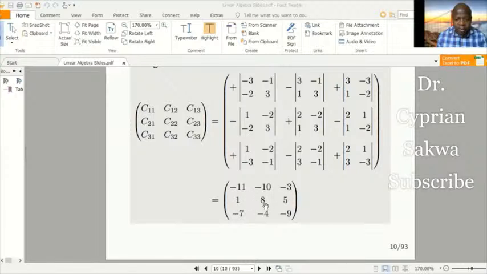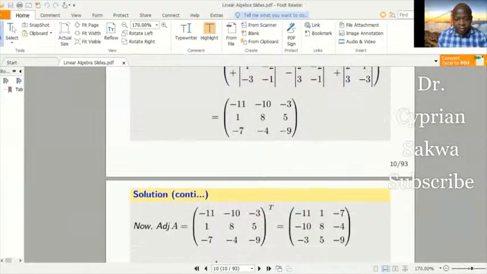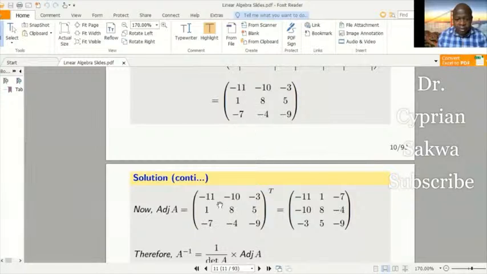Now we find the adjoint by finding the transpose of this matrix. So this is the matrix we have. Let's find the transpose. Make this first row the first column, this second row the second column, and this third row the third column. So this is the adjoint matrix.